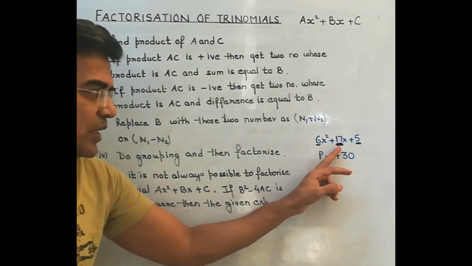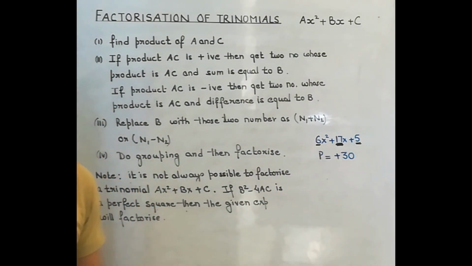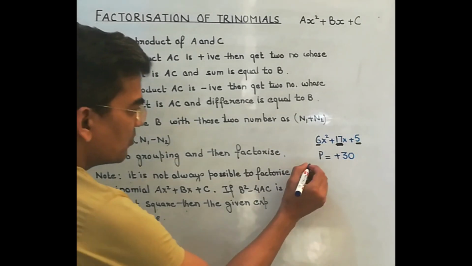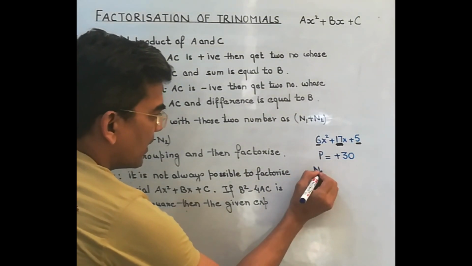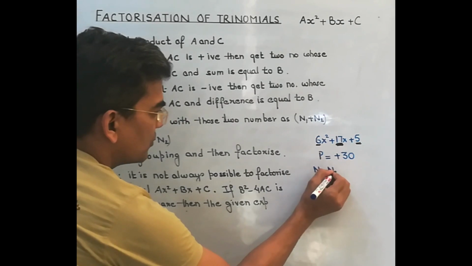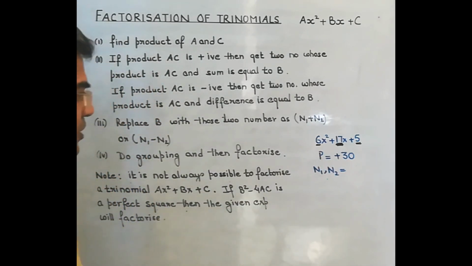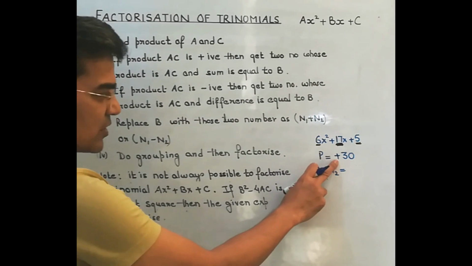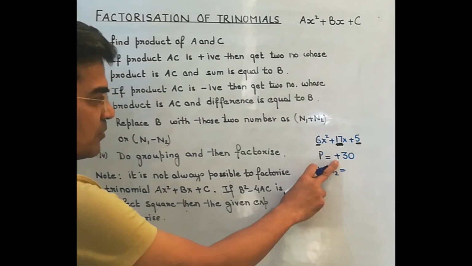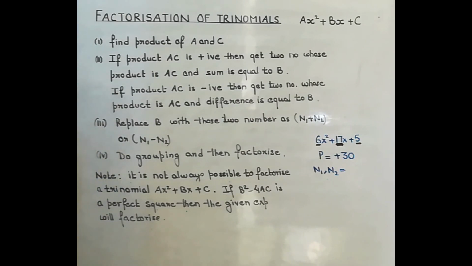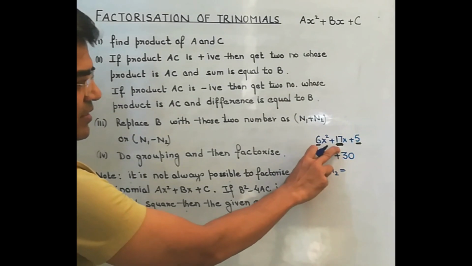And how much is B over here? B over here is 17. So that means you have to get the two numbers which on multiplication will give you 30, and if they are added they will give you 17. So the two numbers n1 and n2: as the product is positive, their product should be 30 and the sum is 17.